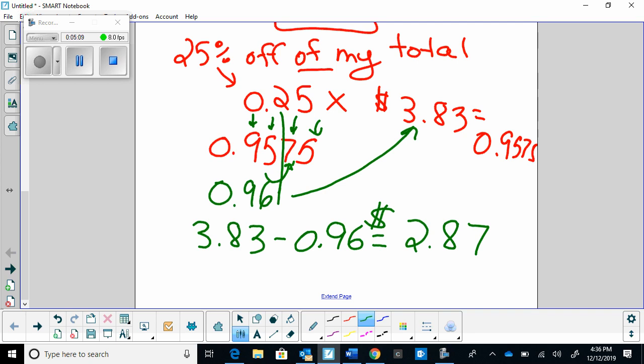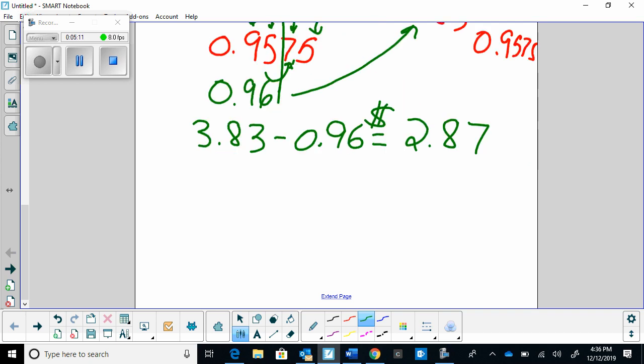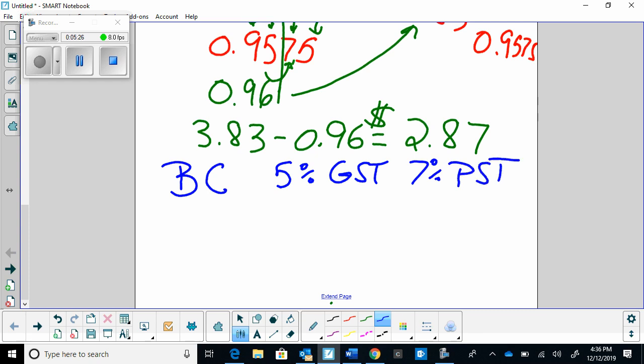And now the final thing, depending on what province you're in, you have to calculate tax. So if I was in Canada, I'd calculate 5% tax. Let's say I'm in BC, where there's 5% GST and 7% provincial sales tax. So what I can do is instead of calculating these separately, I can combine them and say I'm paying 12% tax in total.